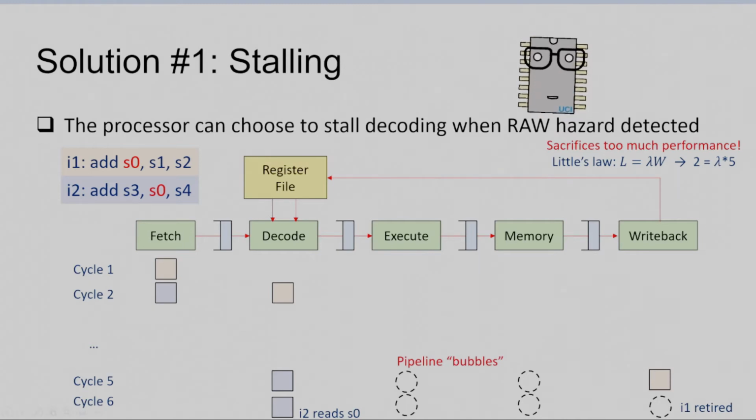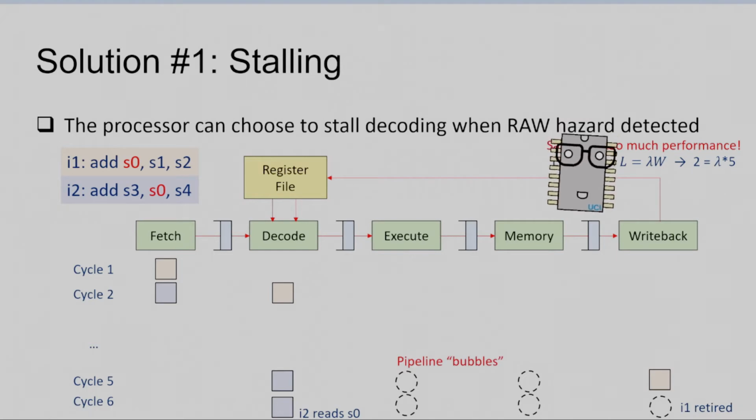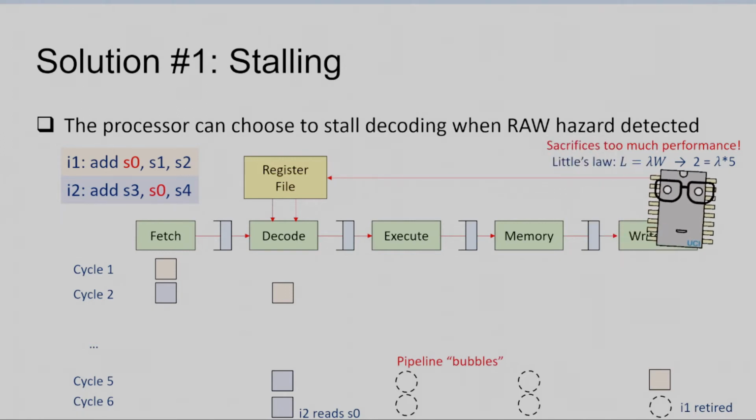Little's law describes the relationship between the number of requests in the pipeline, L, the throughput, lambda, and the latency, W. In this scenario, in the worst case, we will have at least 2 instructions in the pipeline, and because the latency of the pipeline is 5, the throughput we're going to get is 2 over 5.